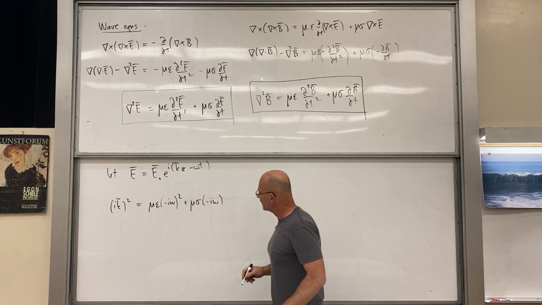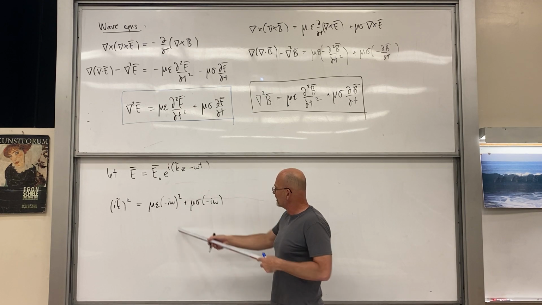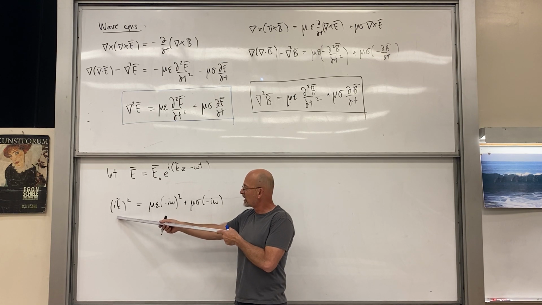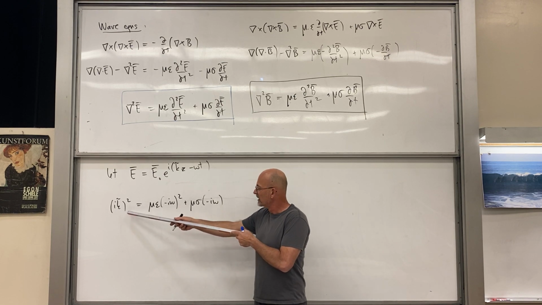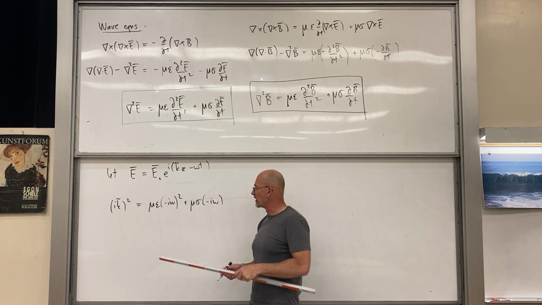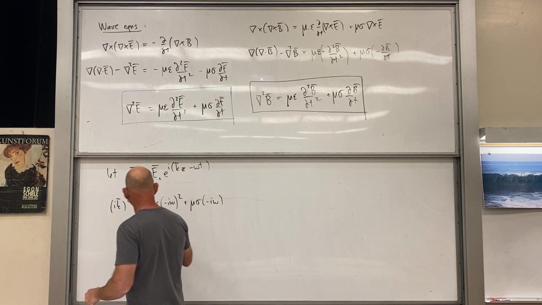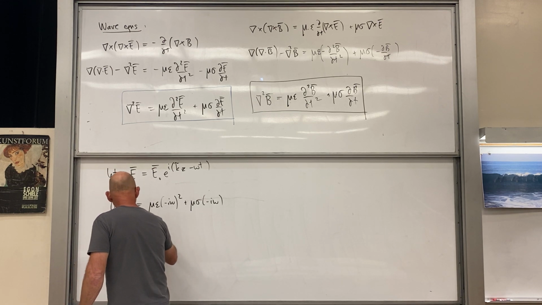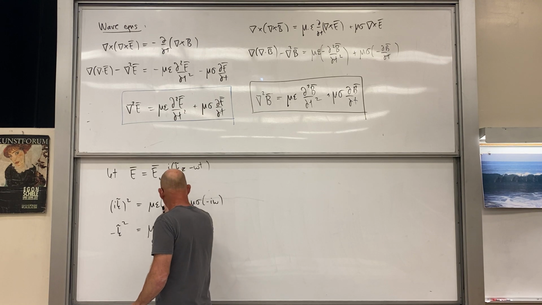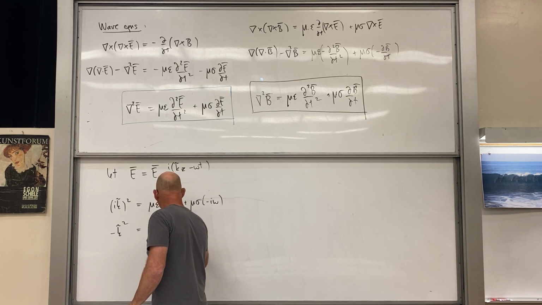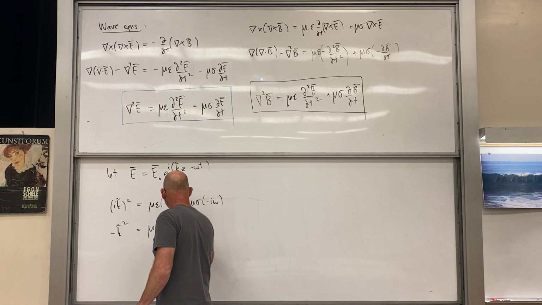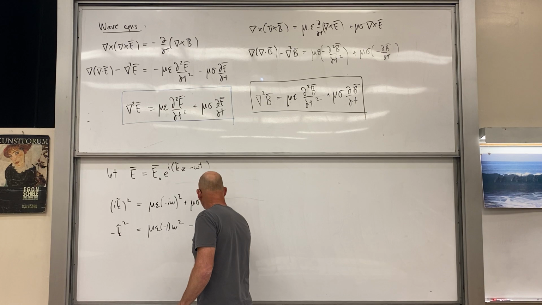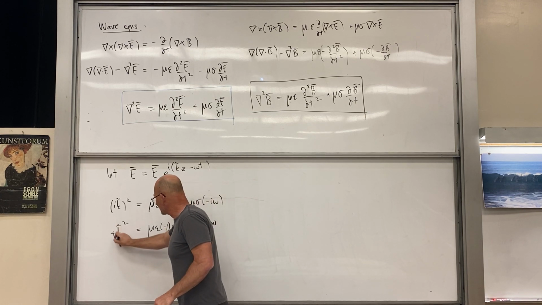Okay. So this is why you see this is real, this is imaginary, this is a complex number squared. The complex number k tilde has to have a real and an imaginary part. So let's do this. We have minus k tilde squared equals minus mu epsilon omega squared minus i mu sigma omega, so the minus signs go away.